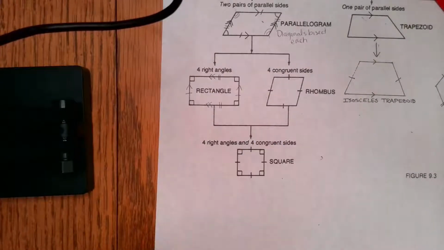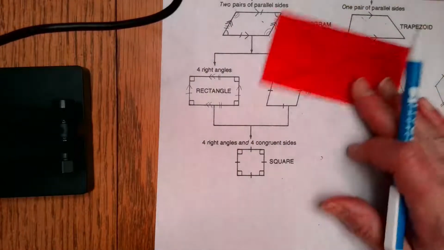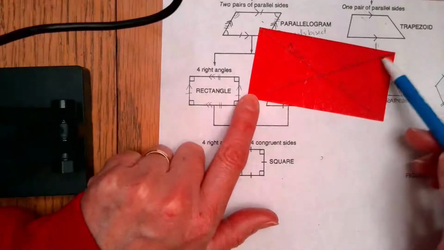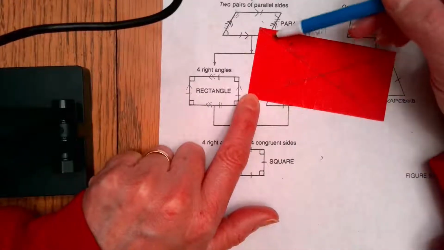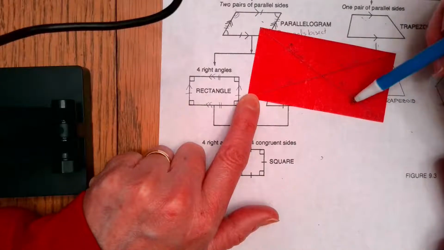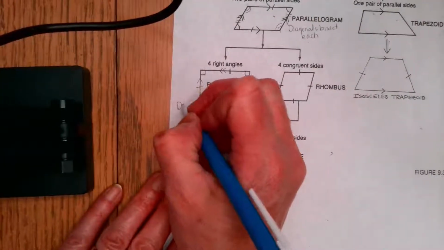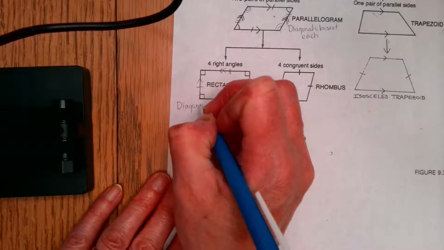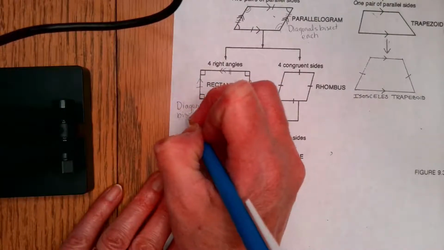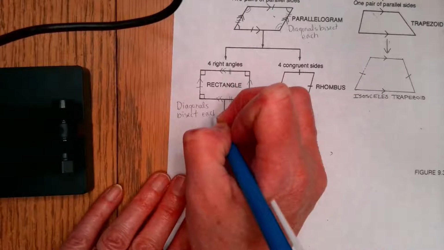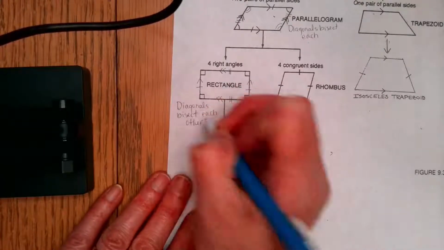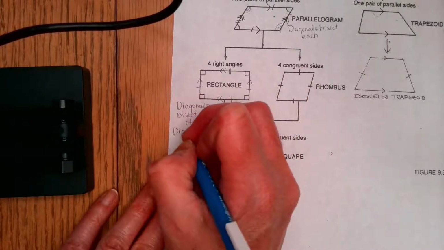But when you have a rectangle, the diagonals do something even more special, and you'll notice that this distance here of 10.2 and this distance here of 10.2 are equal. So not only do the diagonals bisect each other, the diagonals are equal. So diagonals bisect each other, and diagonals are equal.